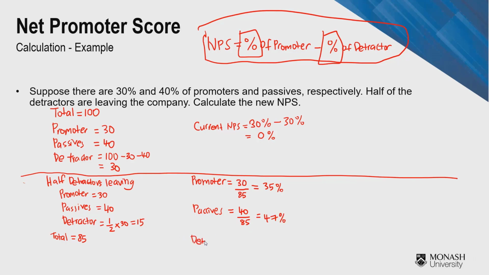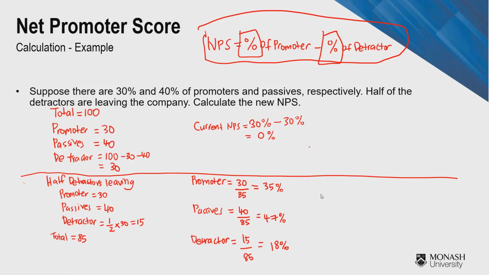Detractors, that will be 15, because now we are having a lower value. 15 divided by 85 will give me 18%.